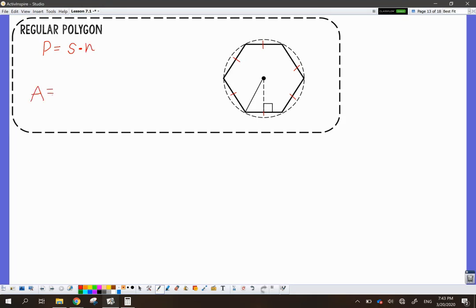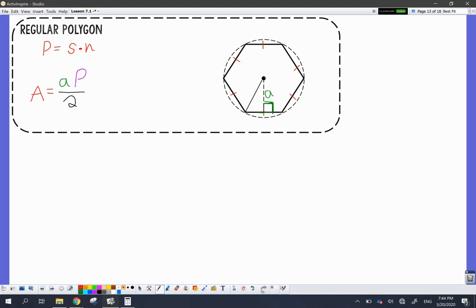And for area, I have the apothem, let me do this in green, times the perimeter divided by 2. And remember that the apothem of a regular polygon is the line that goes from the center to the side and is perpendicular to that side.